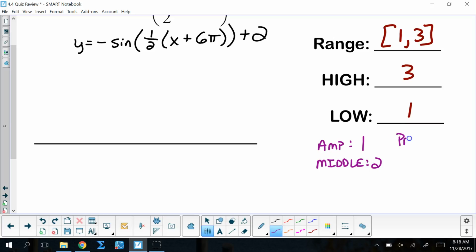Period. Two pi divided by 1/2 is 4 pi. Start.